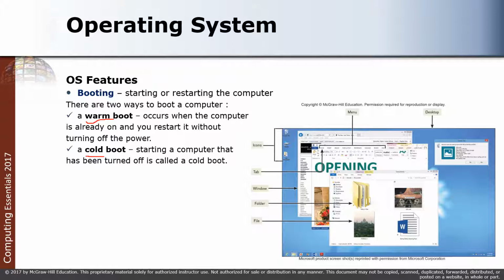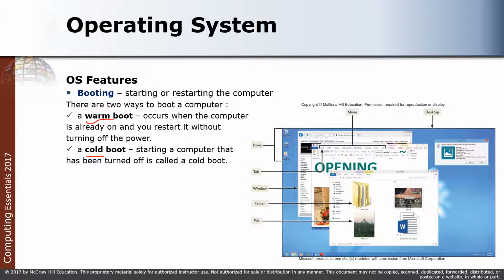But when you warm boot, actually you are restarting your computer. Your computer is already on, but you want to restart it.